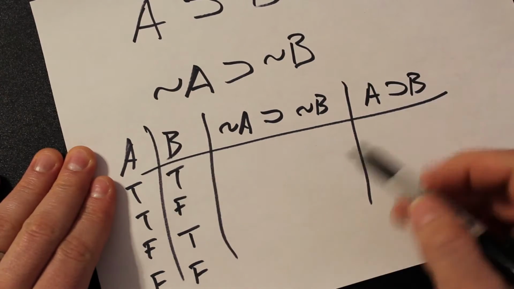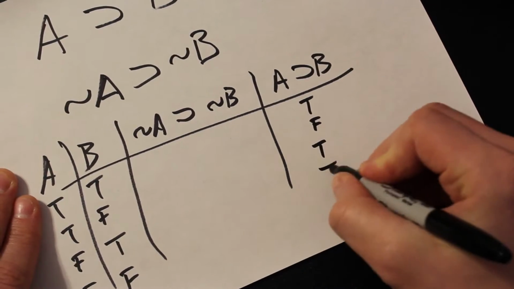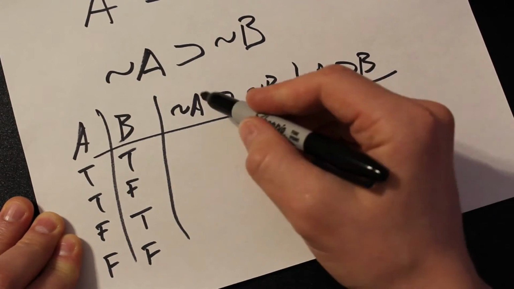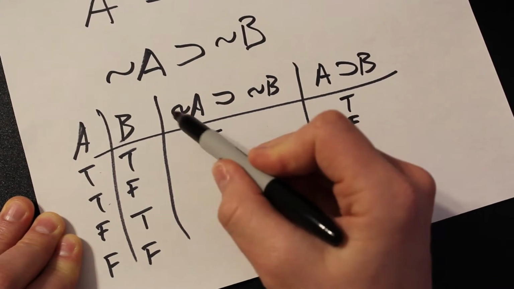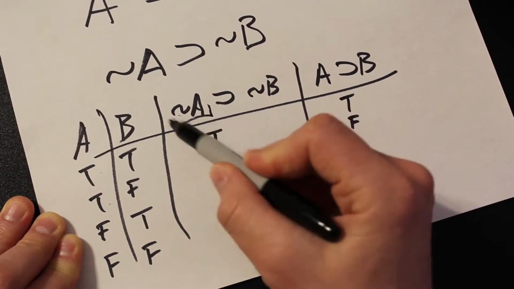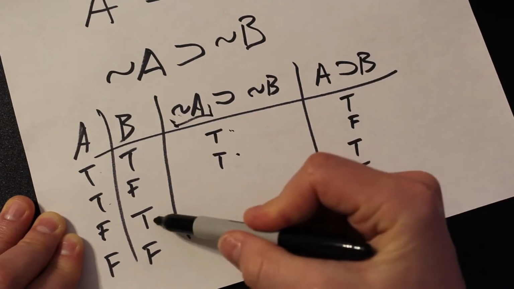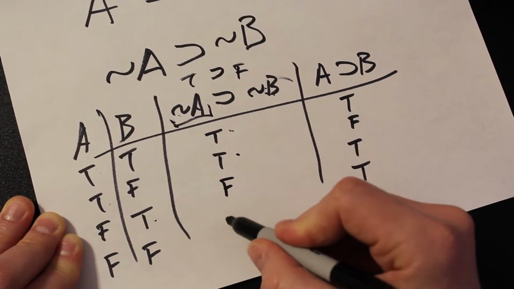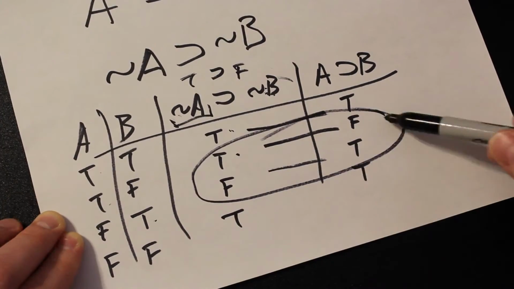If they're both true, this is true, and we can fill out the rest of this table. We know that this would be false, and these would both be true. Not A would be a false implying something, so as long as A is true, the implication with not A is going to be true both times. When A is false but B is true, this would be a true implying a false, so it becomes false. So in this case, it doesn't match up in the middle truth values.